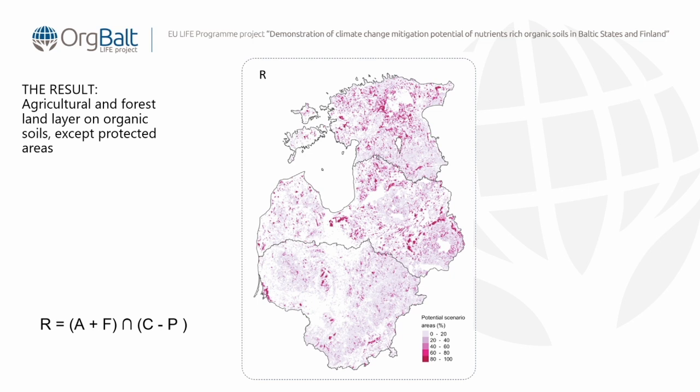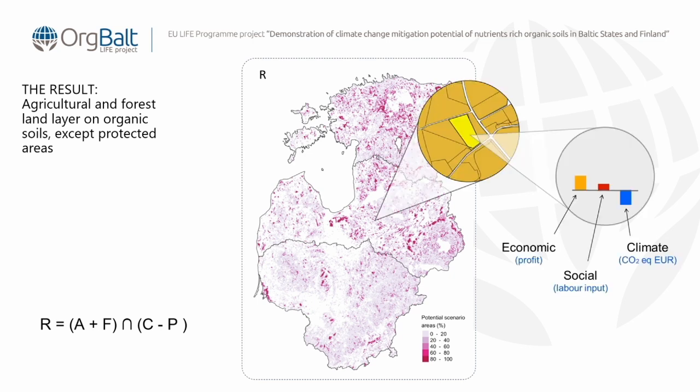So we got a layer of information on which, theoretically, we can implement all the measures presented in the first two presentations of this session. Here there is a different type of land: forest, agricultural land, grassland, cereal production, vegetable production, so it is quite diverse.